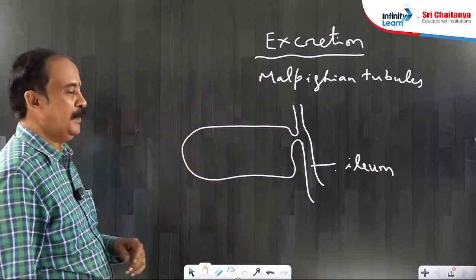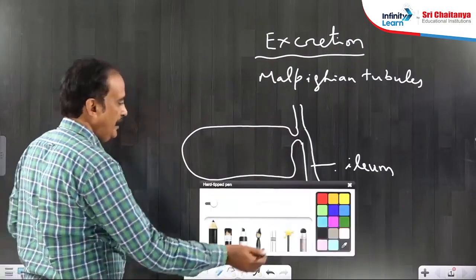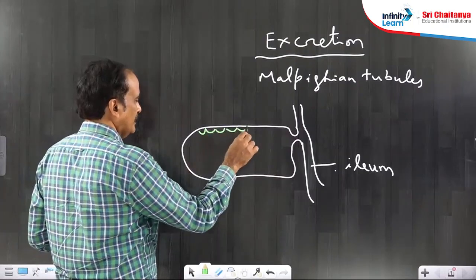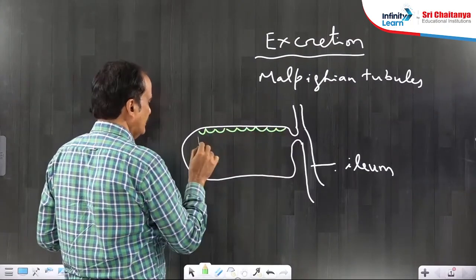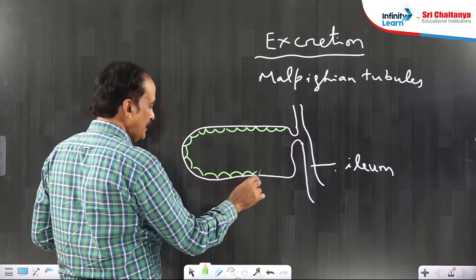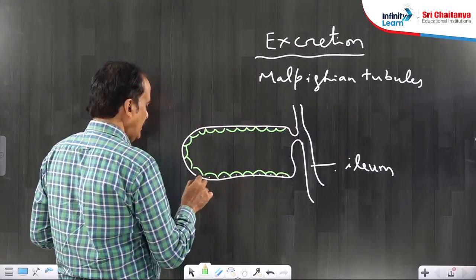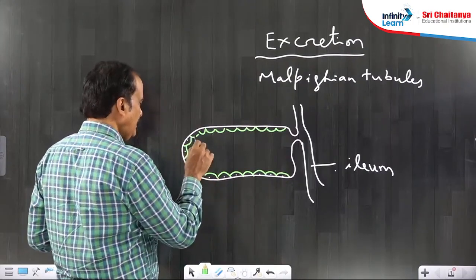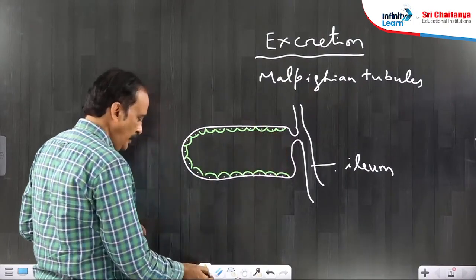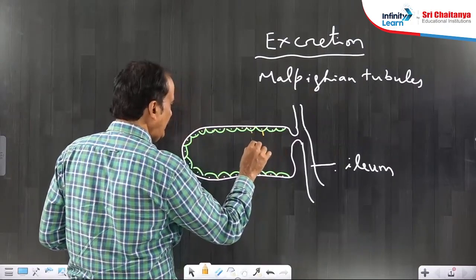Say for example this is one Malpighian tubule. This tubule is lined by an epithelium which is ciliated and secretive. That means it will be collecting the nitrogenous waste. They have fine cilia.